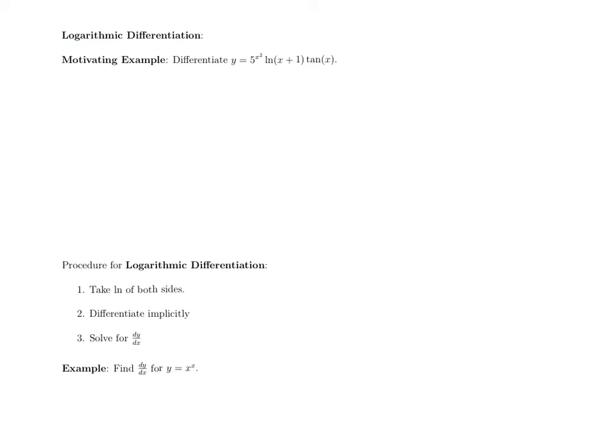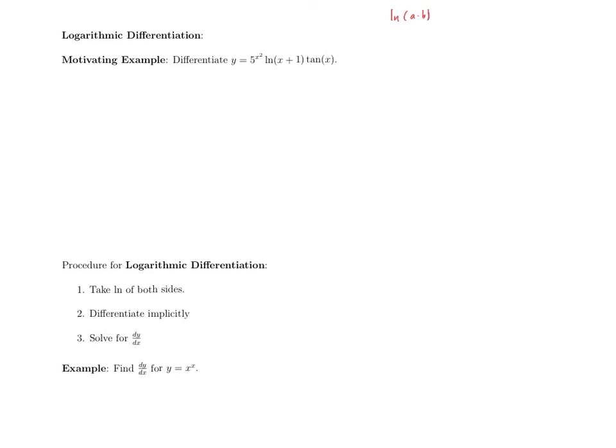Logarithmic differentiation is an ideal technique of differentiation when you have quantities which involve multiple terms that are multiplied together, maybe divided by each other, and or involve exponents. And logarithmic differentiation really hinges upon using the key algebraic properties that we have of the natural log.